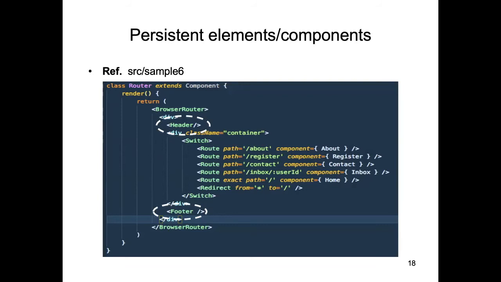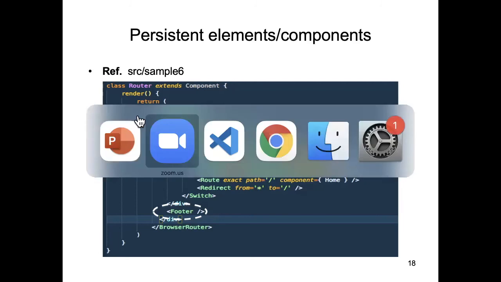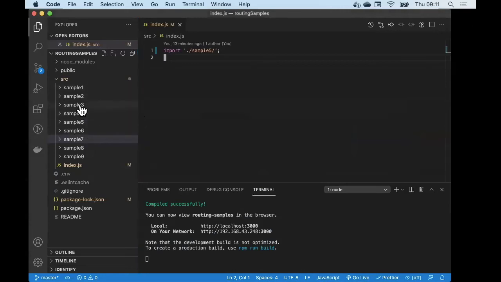And then really in the two components that I've highlighted there, that's where you put your JSX to achieve the header and footer that you desire. So I've done it in sample 6 in the routing samples. So if we go over to VS Code, now you have these samples, as I said, from the previous lecture. So we're now interested in this one here.